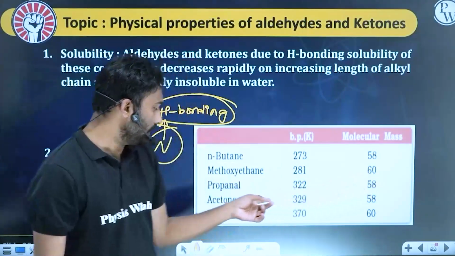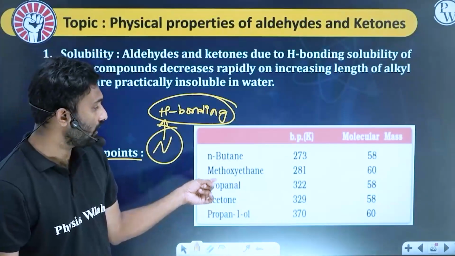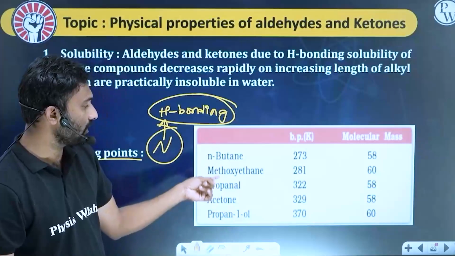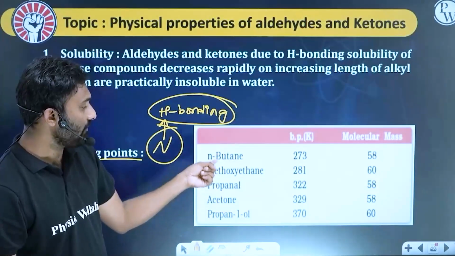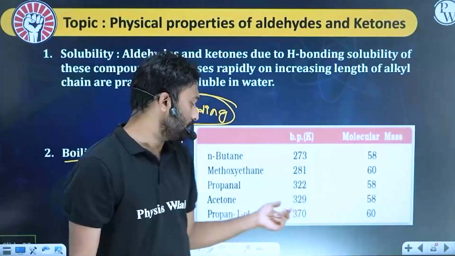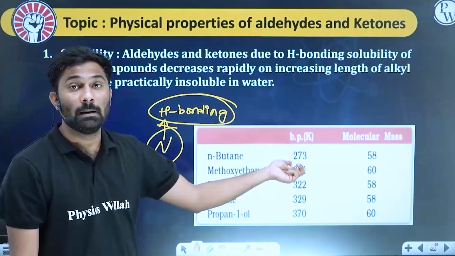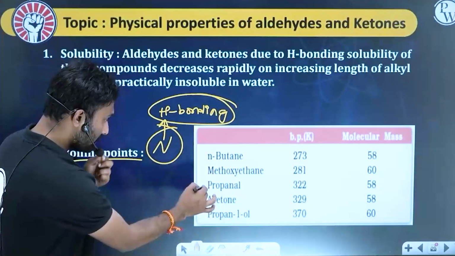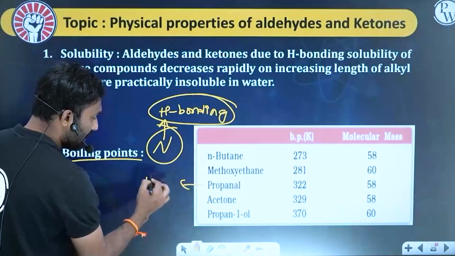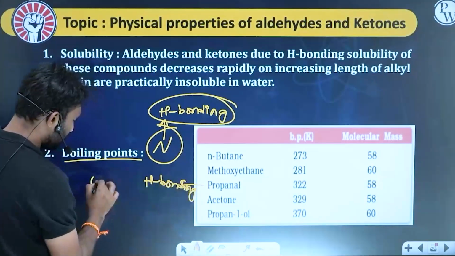Propanol and n-butane have the same molecular mass, so propanol should also have the same boiling point, but propanol has a higher boiling point because it is having hydrogen bonding. This is propanol.